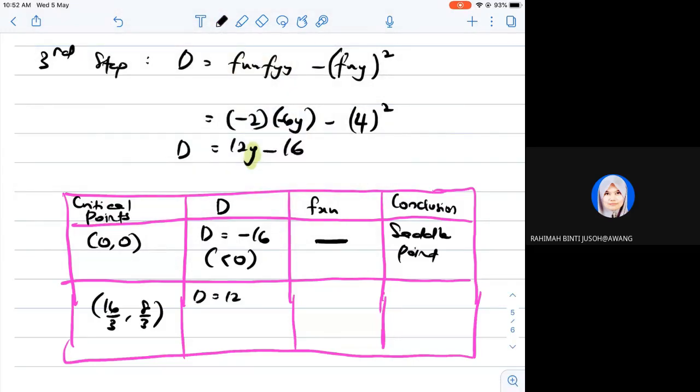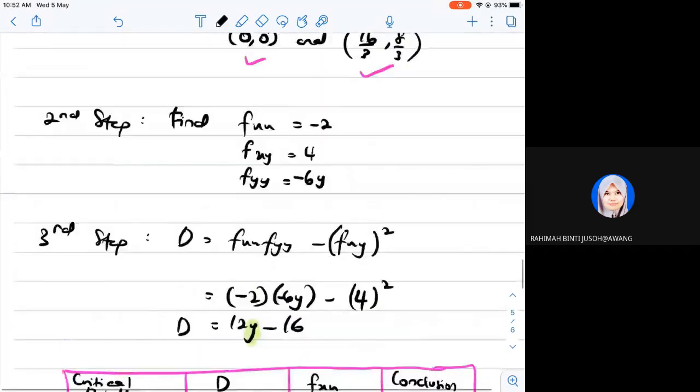D sama dengan 12 darab 8/3 tolak 16. Dapat berapa guys? 16. 16 positif? Yes. Okay, so positif greater than 0. So what happen bila greater than 0? Kita kena refer apa? fxx.